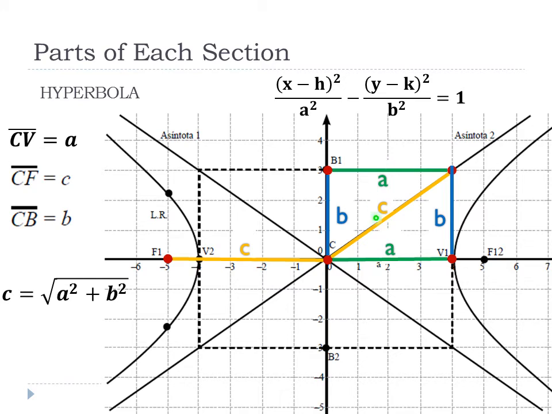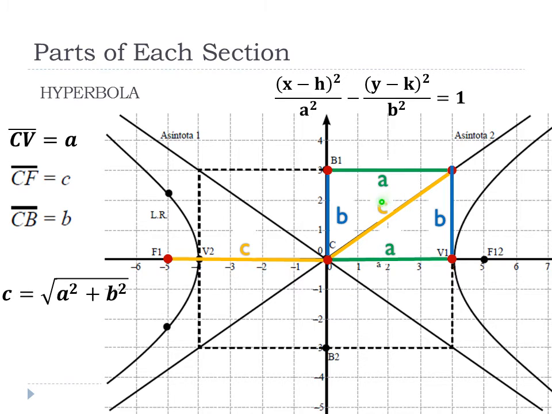I have all the terms I need to find the points that are important in a hyperbola. So the distance, once again, from center to vertex equals a. From center to covertex equals b. And from center to focal point is equal to c.